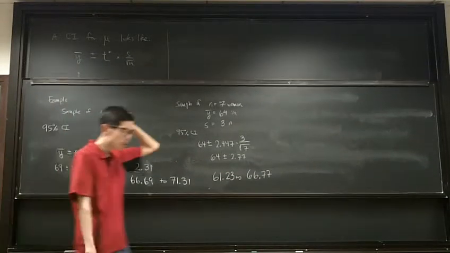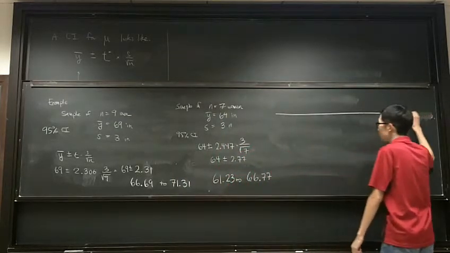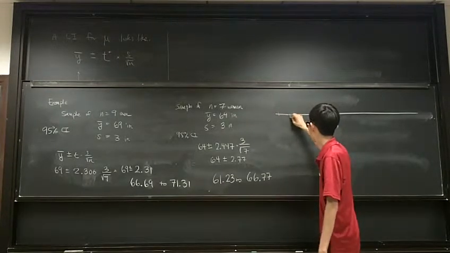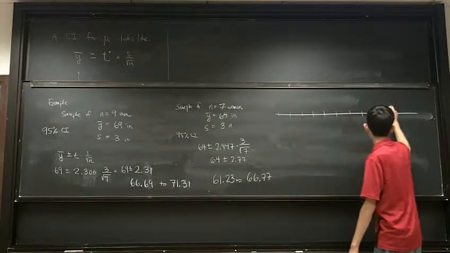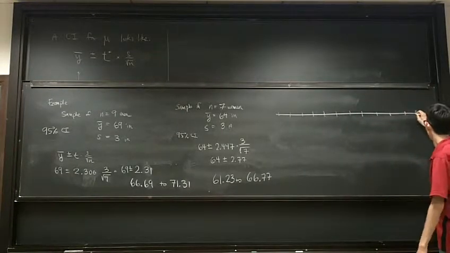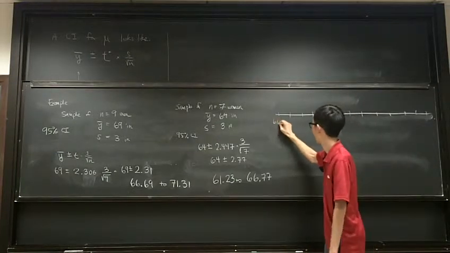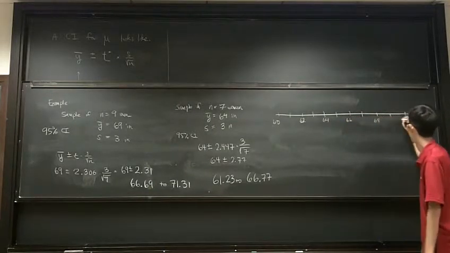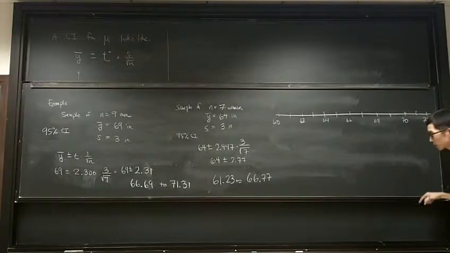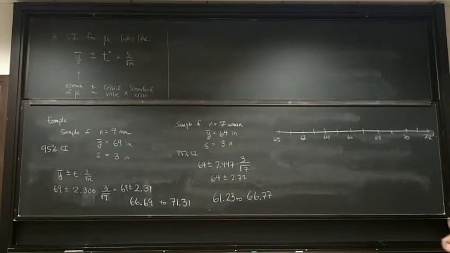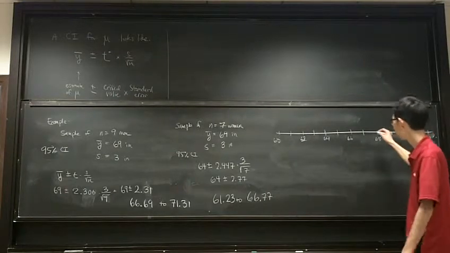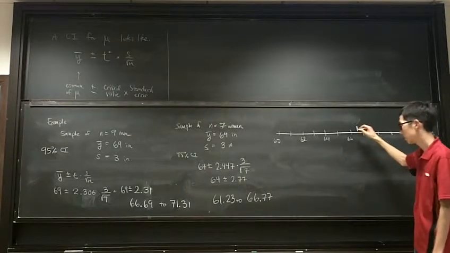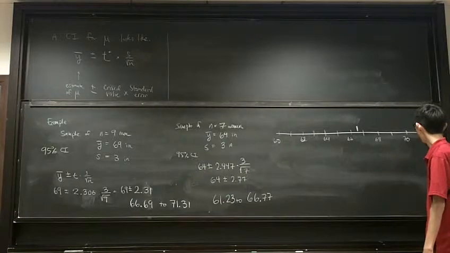If I were to draw a number line of plausible values for the mean mu, for men it would go from 66.69, which is right around here, to 71.31, which is right around here.